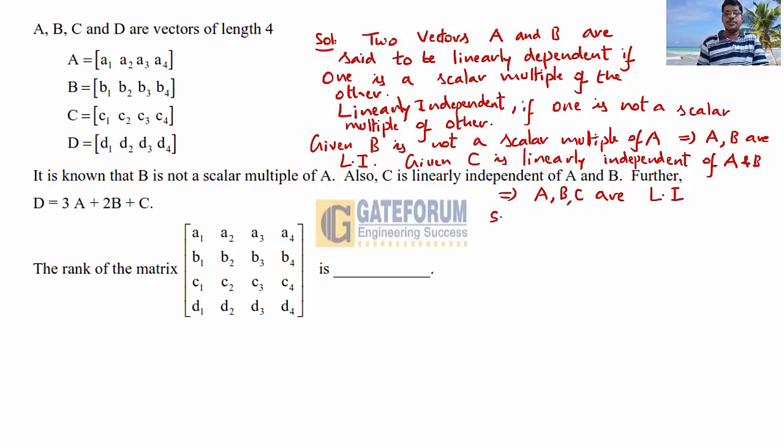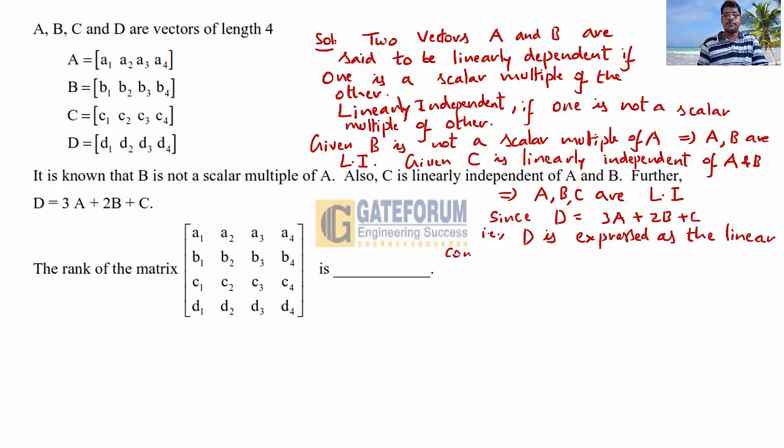Now, since D is equal to 3A plus 2B plus C, D is expressed as a linear combination of the vectors A, B, C. Linear combination means sum of the scalar multiples.